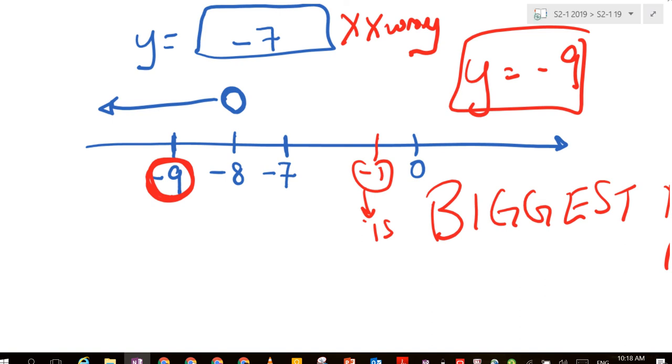You still tell me 9? It is this case because the rule says that y is smaller than -8.